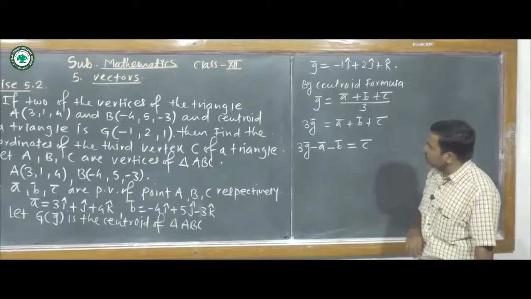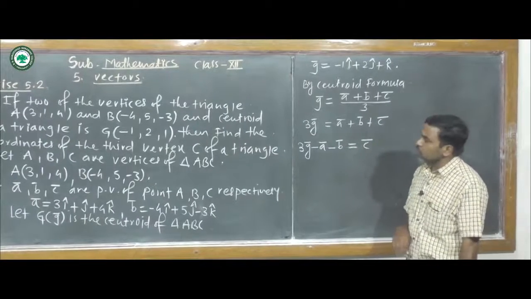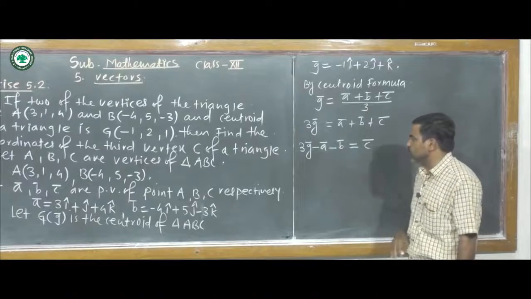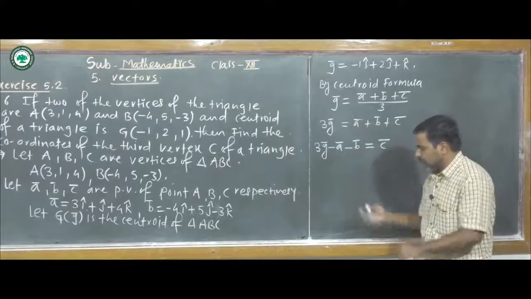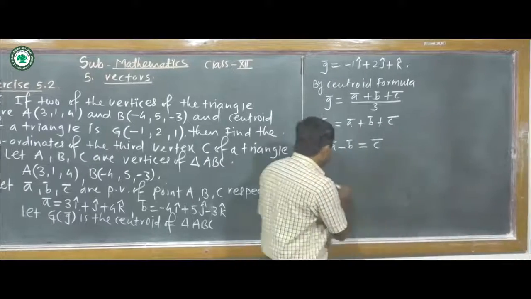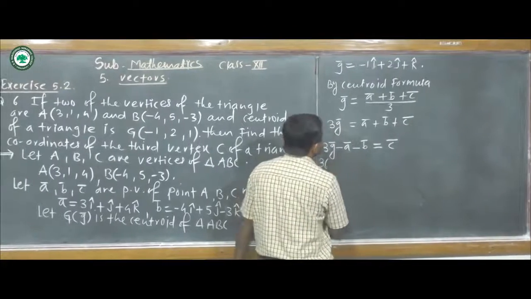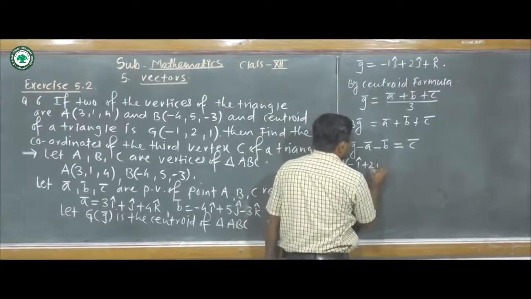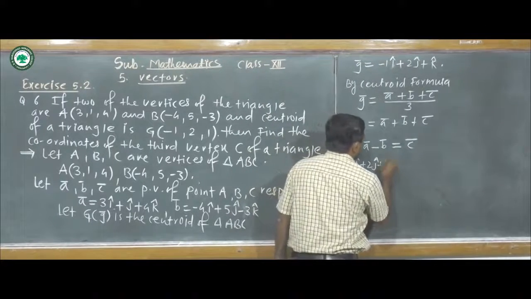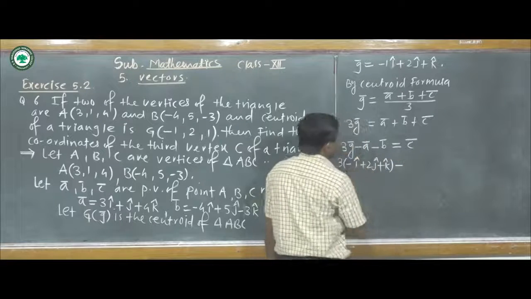Now g bar, a bar and b bar are all known to us. Put their values on the left hand side. So we get 3 into (-i cap plus 2j cap plus k cap) minus a bar.